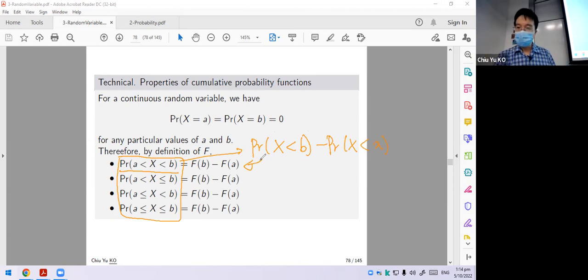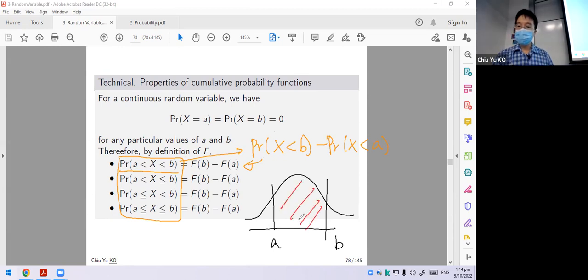If you look at the graph here, you have b here and a here. The question asks for the red area. From kindergarten, you know the red area is the blue area minus the green area. Blue minus green is red. Is that clear?